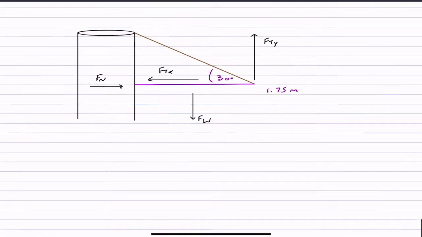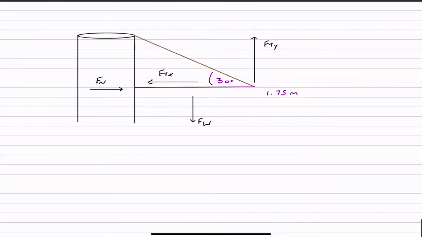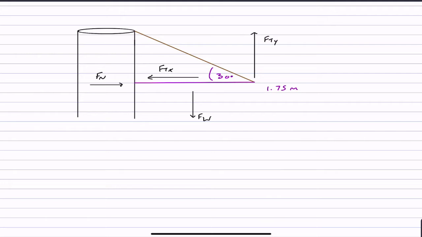The reason it's useful to look at this in free body diagram form is because we're going to need to determine the torque due to the tension force. So we may as well try and figure out what is the tension force. So we have Ft, the magnitude of the tension force, sine theta, which is 30, minus mg is equal to 0, because we are in equilibrium right now.